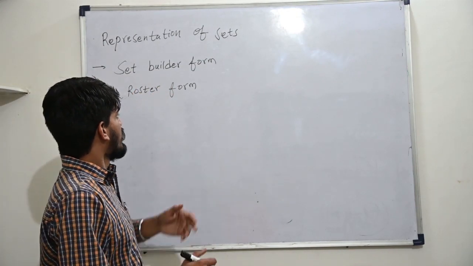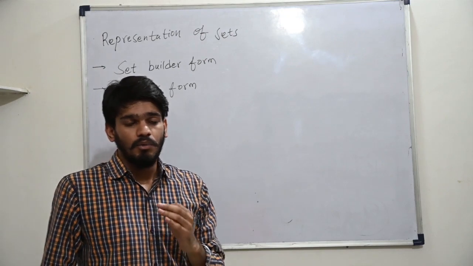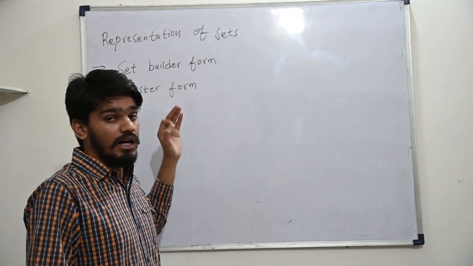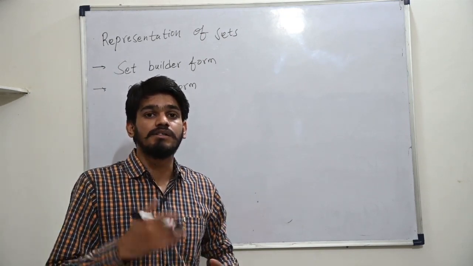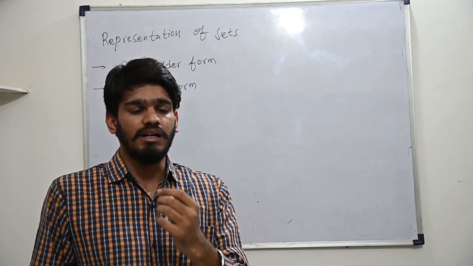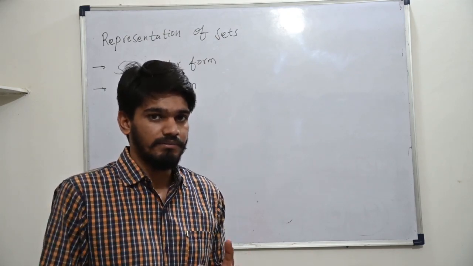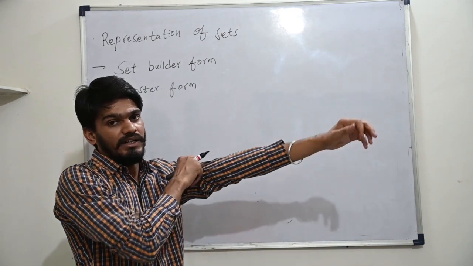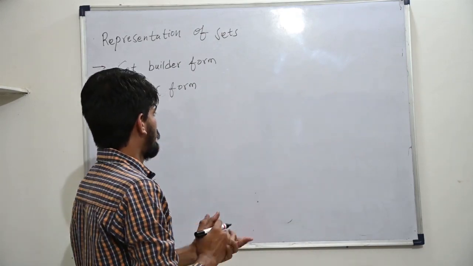Now we will be talking about representation of a set with the set builder form and roster form. What is the set builder form? When we are not writing the elements, instead we write a formula or a statement. How? Let's see. We can take one example and try to understand both forms.